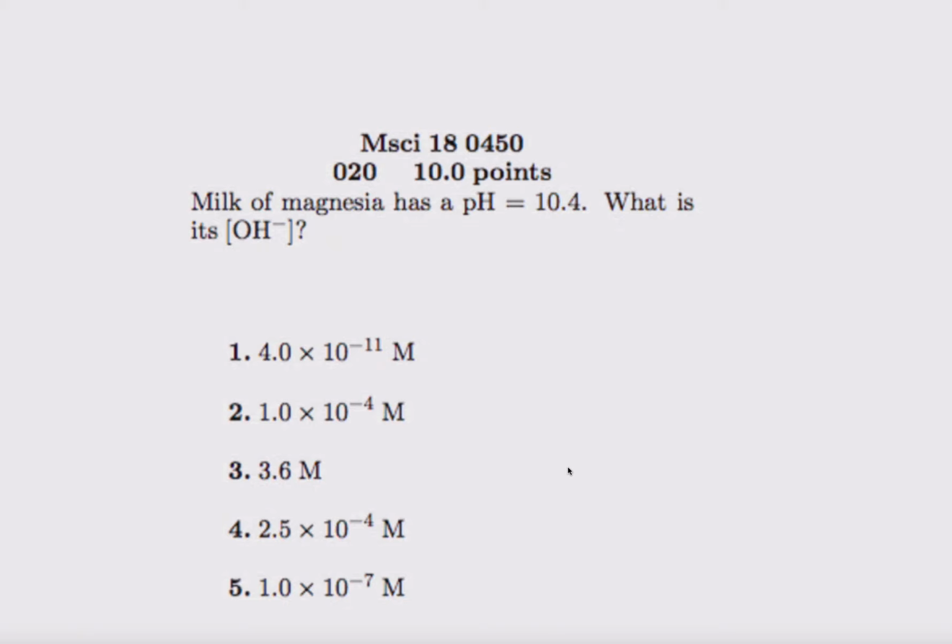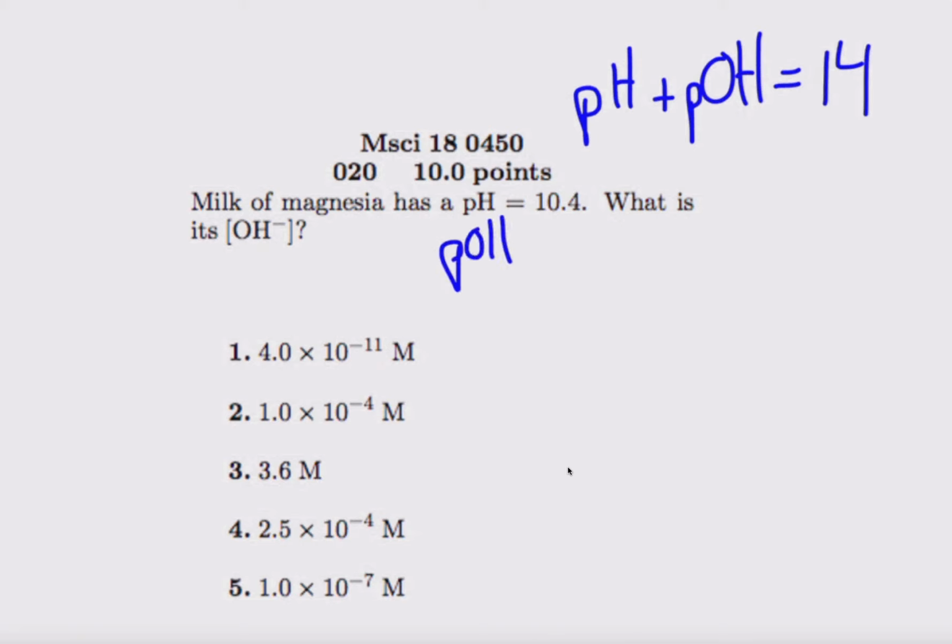So what is the hydroxide concentration of a substance with a pH of 10.4? Okay, so the first thing we need to remember is that the pH and the OH are related, but you can't just take the log or anti-log of the pH to get the hydroxide concentration. The simplest way to do this is to remember that the pH plus the pOH equals 14, which means that the pOH of this compound, since the pH is 10.4, is 3.6.